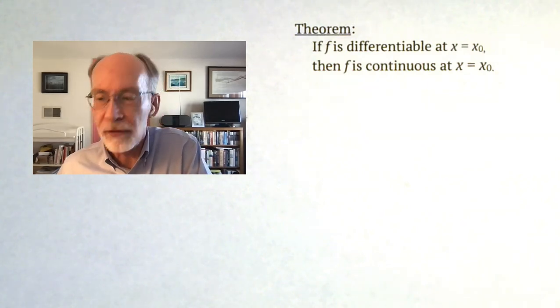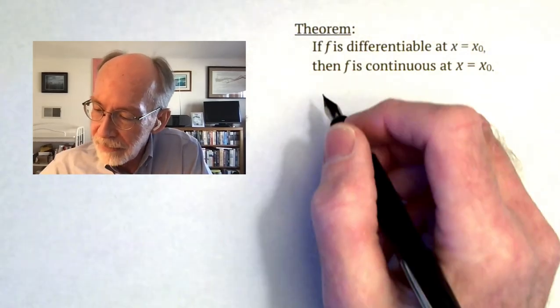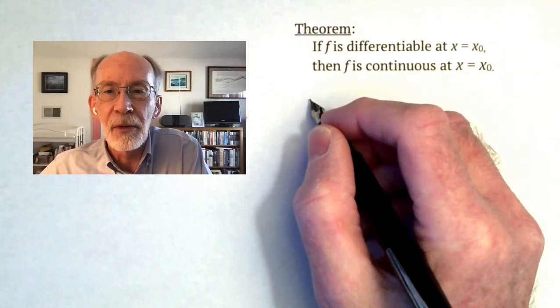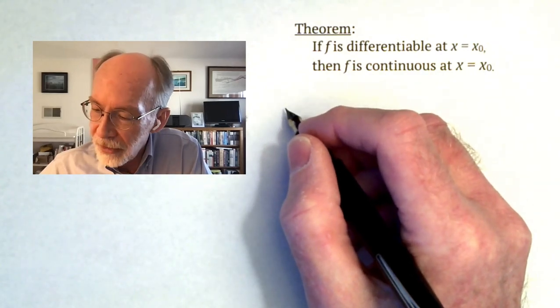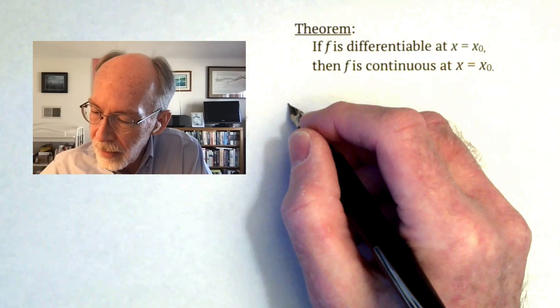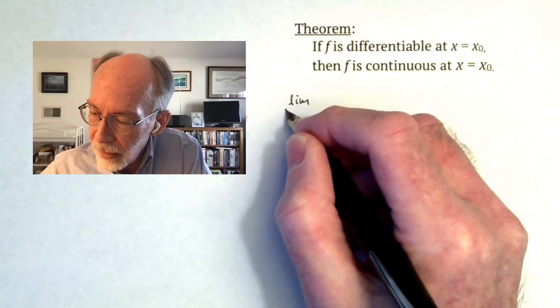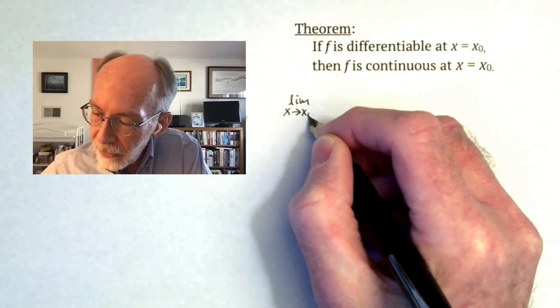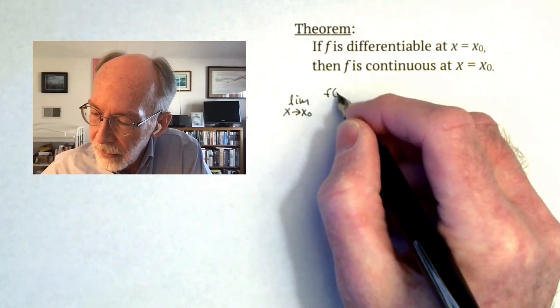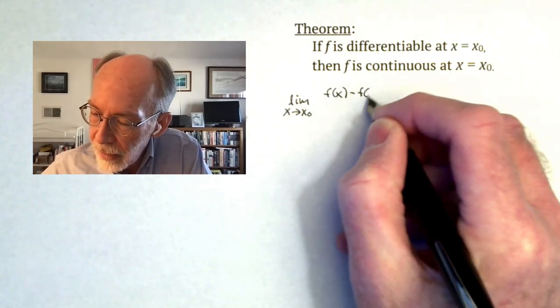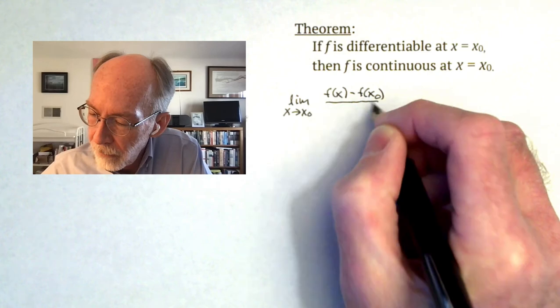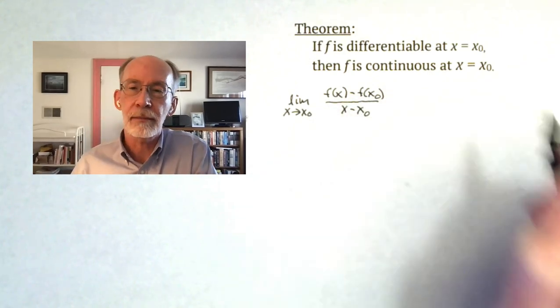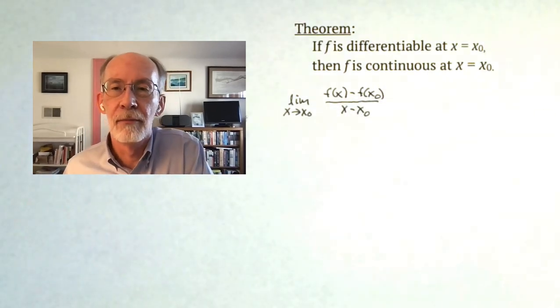If f is differentiable, then we know that the limit that corresponds to the definition of the derivative has got to exist. So the limit as x goes to x naught of f of x minus f of x naught over x minus x naught exists. It's a real number.